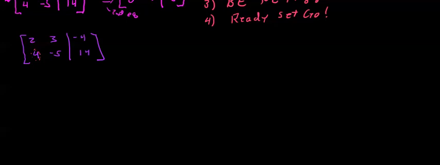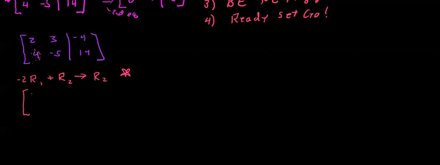So we're going to take the first row, multiply it by -2, add it to the second row, and we're going to replace the second row with that. I want to see this notation right here. Tell me what you're doing. Multiplying everything in the first row by -2, adding it to the second row, and that becomes my new second row.